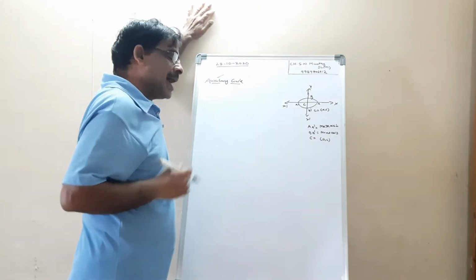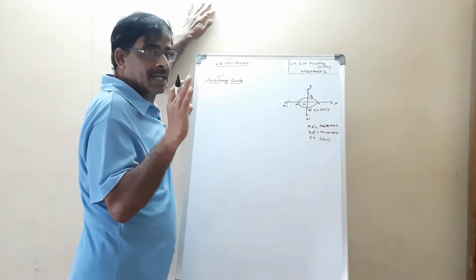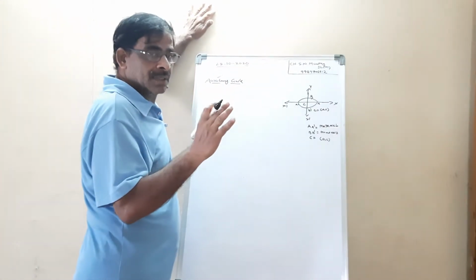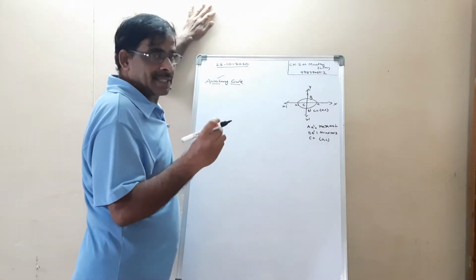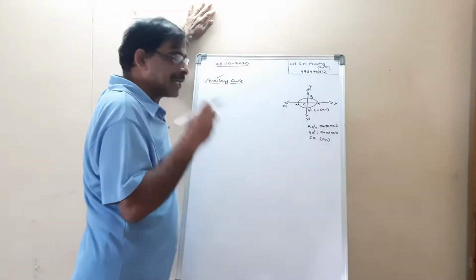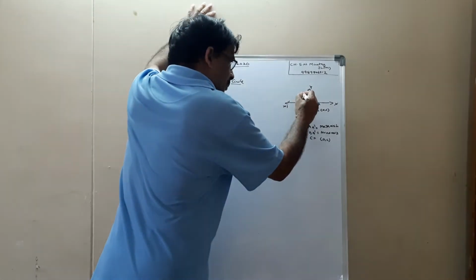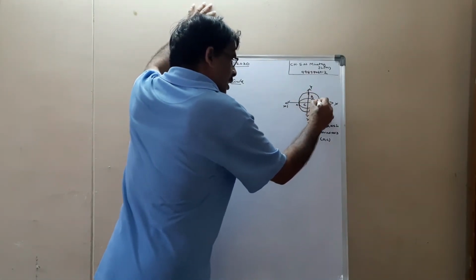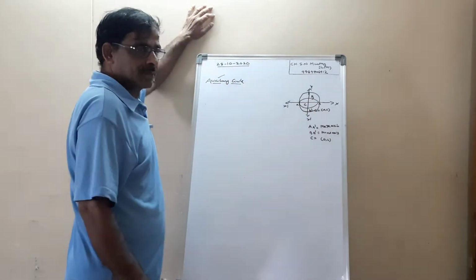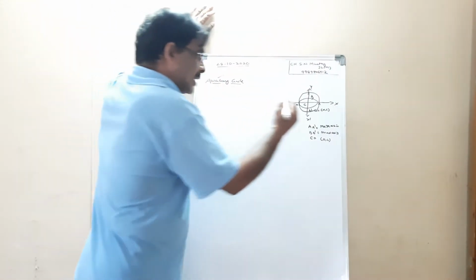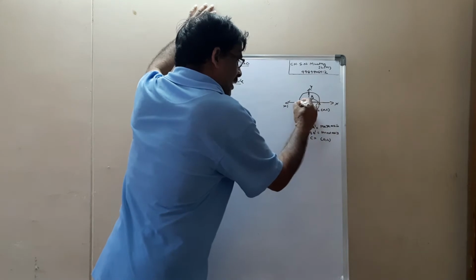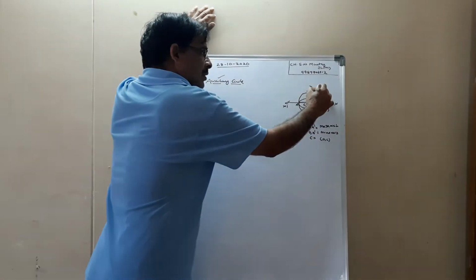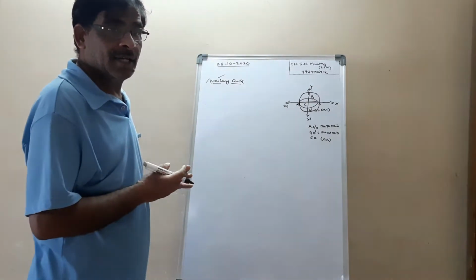Auxiliary circle means a circle described on the ellipse's major axis as a diameter. Suppose we draw a circle passing through the points A and A dash. By taking A A dash as the diameter, that circle is called the auxiliary circle.